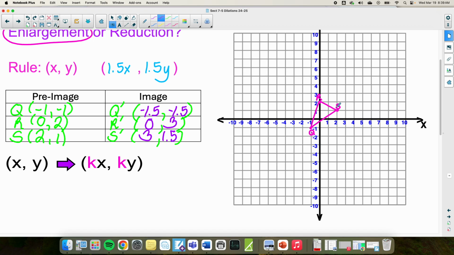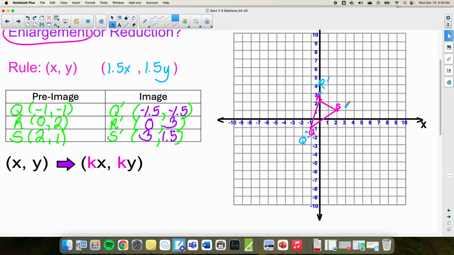Then I'm gonna go ahead and plot my new figure, which is -1.5, -1.5. So just go halfway in between there. That is my Q prime. And then I can do 0, 3 right here. That is my R prime. And I can do 3, 1.5.